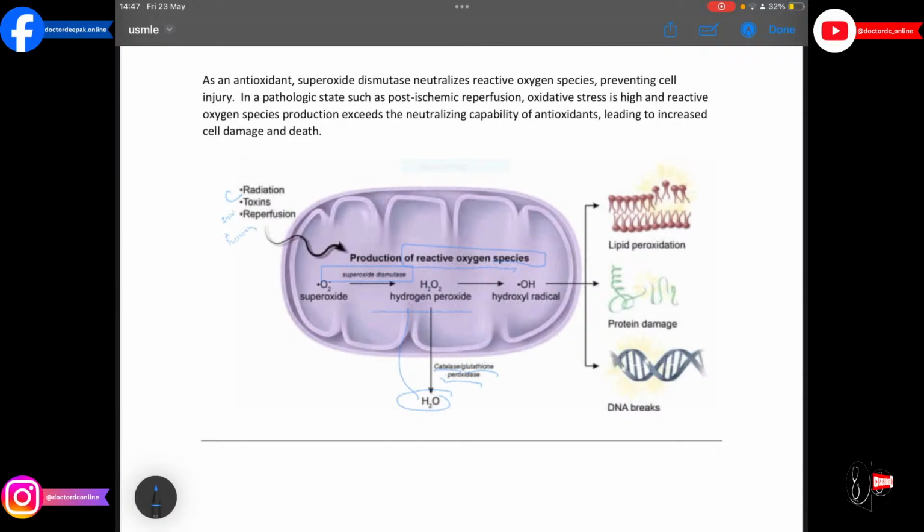If this becomes hydroxyl radicals, then it will cause lipid peroxidation, protein damage, and DNA breaks. But for the neutralization, we have one enzyme in mitochondria. This is superoxide dismutase, okay?